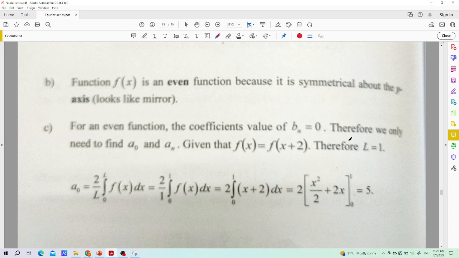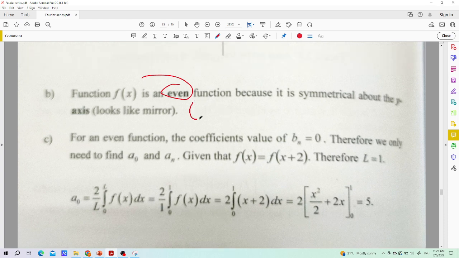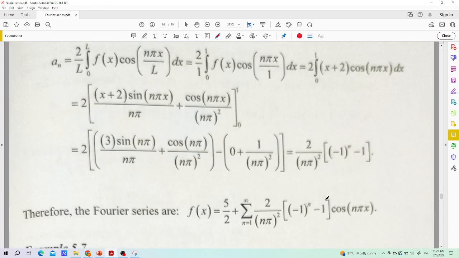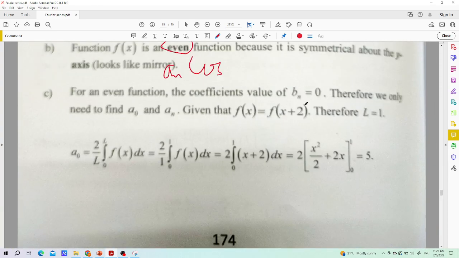Okay, and then you find the coefficient. Since you know that it's even, you just deal with the cos, the an in front. The formula is similar, just double of the original formula.